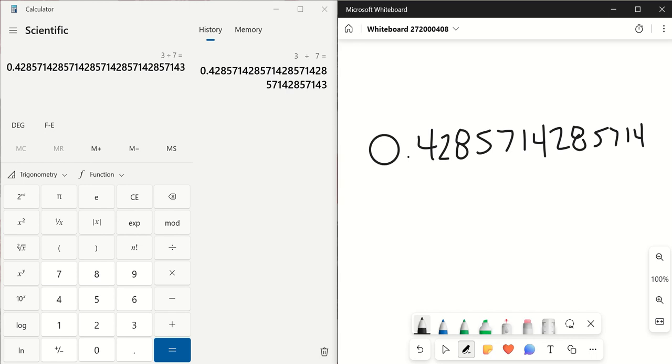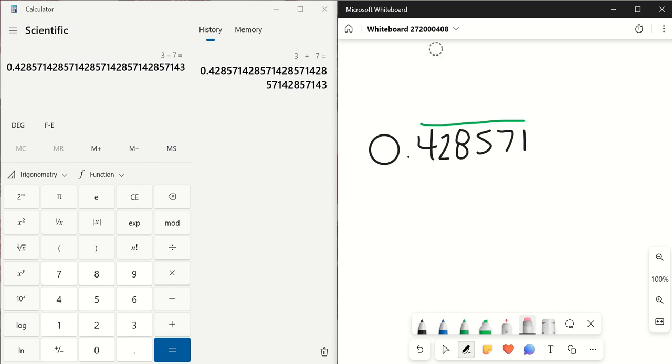So we have ourselves a pattern here. 0.4285714285714287. So everything repeats up to the 1. So our answer in this case of 3/7 would be 0.428571 with a bar notation over 428571, since it continues and continues to repeat.